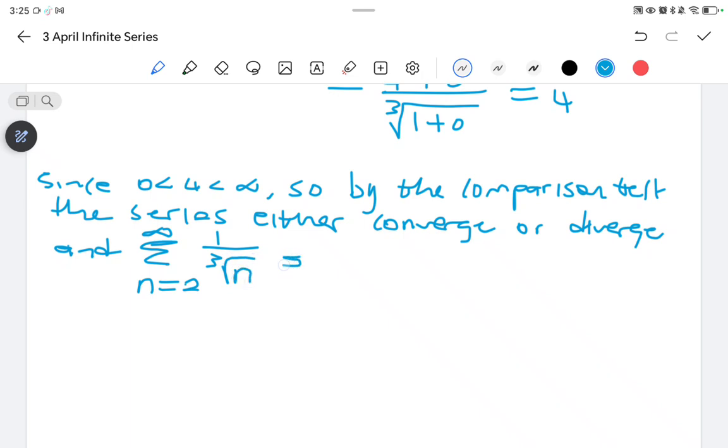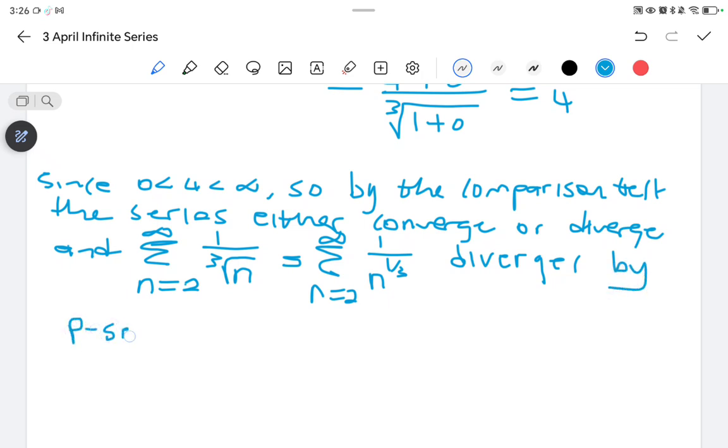This is the same thing as n to the 1 over 3. You see, right? And this diverges by what? By p series, such that p is equal to 1 over 3, which is less than 1. You see, right?